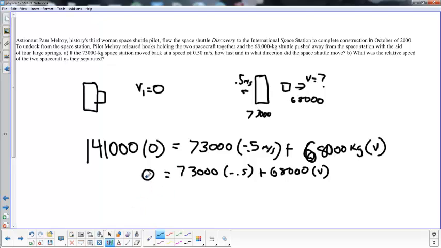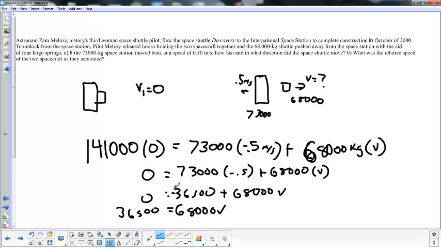We would end up with 36,500. So 0 equals negative 36,500 plus 68,000 times v. And how do we get rid of this? We're going to add it to both sides. So 36,500 equals 68,000 v.